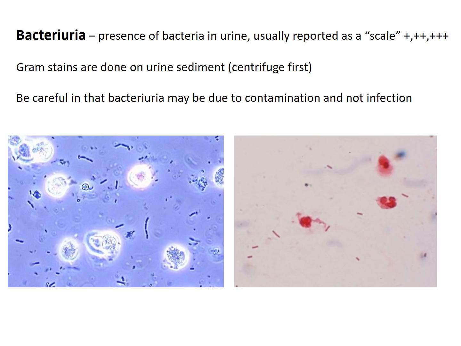That sediment can be subjected to the gram stain, and then you can find either your gram positives or your gram negative bacteria, as well as the white blood cells on that stain as well. So gram positives on the left, blue, gram negatives on the right, red.